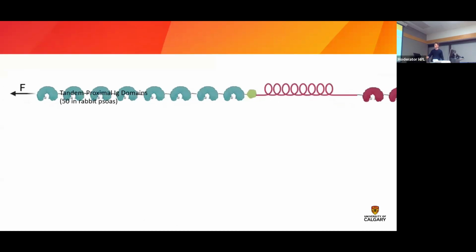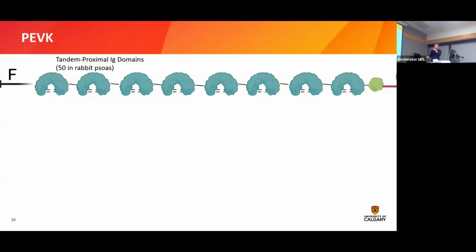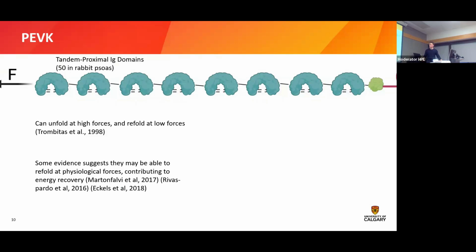So let's talk about the proximal immunoglobulin domains. They can unfold at high forces and they can refold again at low forces. But some evidence suggests they may be able to refold at physiological forces.